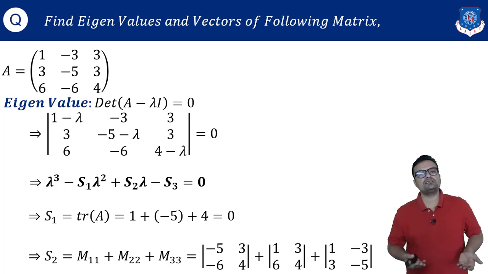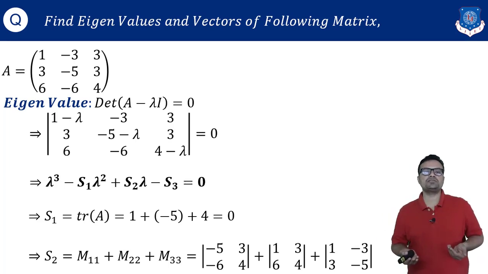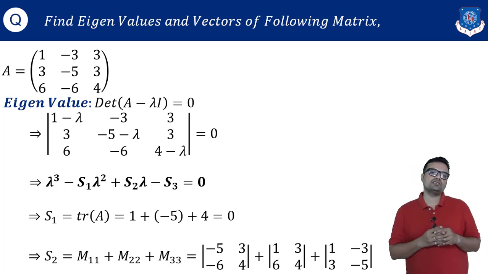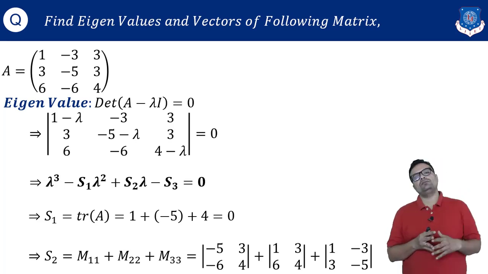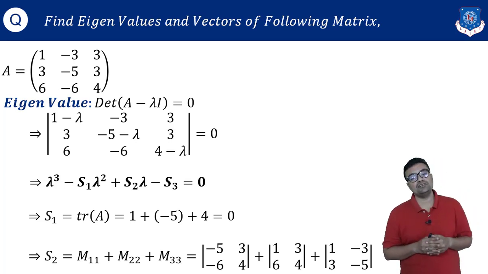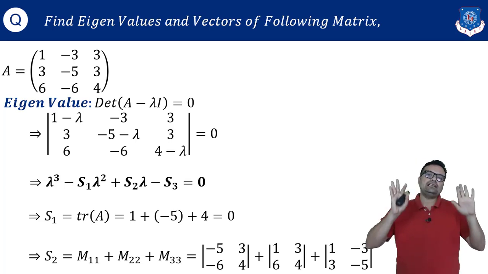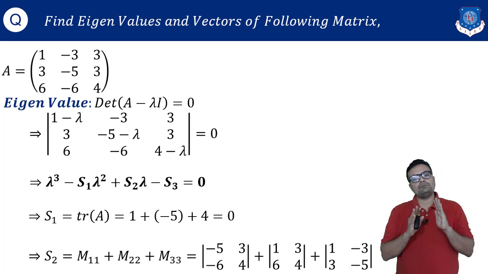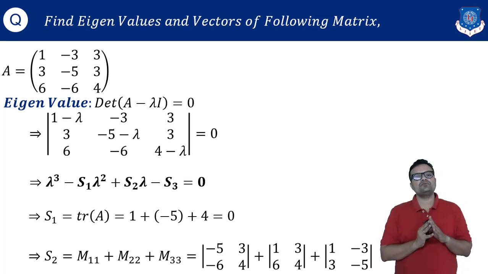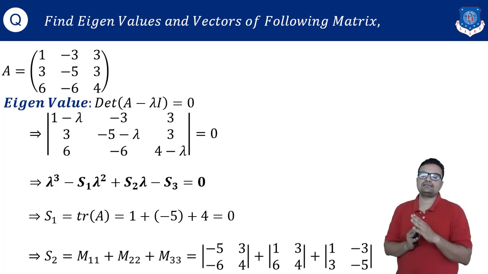Ultimately, it is a 3 cross 3 system. There are 3 lambdas in multiplication, so it will give you a cubic equation. This formula, highlighted in bold letters, will give you the final simplified form directly. So it is comparatively easy. The only thing is we need to find S1, S2 and S3.